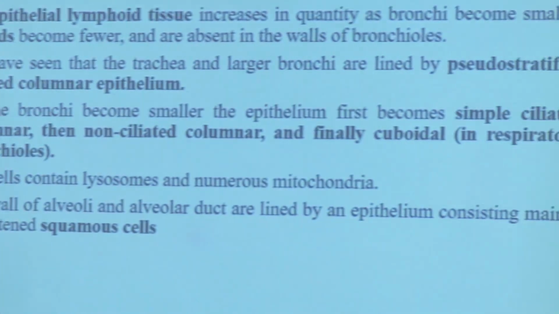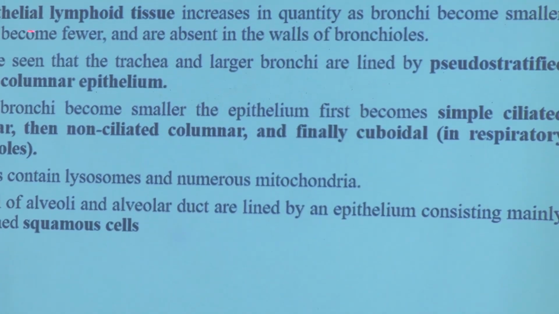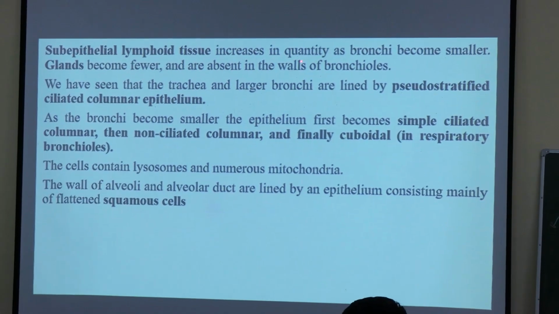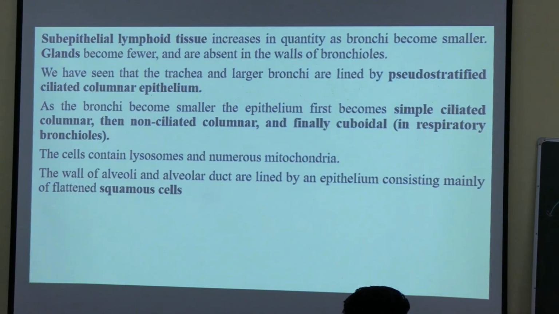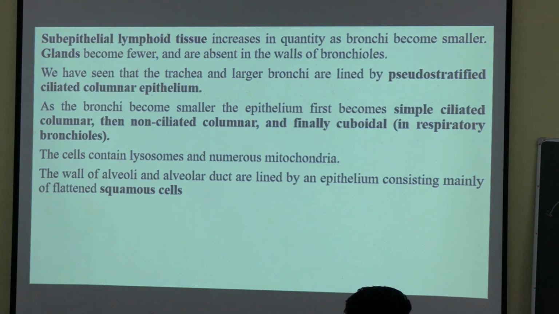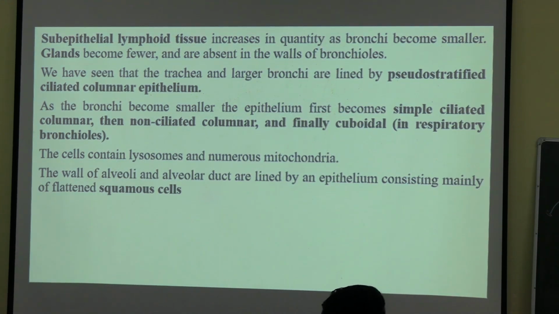Next, along with the changes in the wall and cartilage, some other changes are also there. For example, subepithelial lymphoid tissue increases in quantity as the bronchi become smaller, and glands become fewer. Glands means those present in the submucosa. The number of glands reduces as you go downwards towards the bronchioles, and mostly the glands are absent in the walls of the bronchioles.